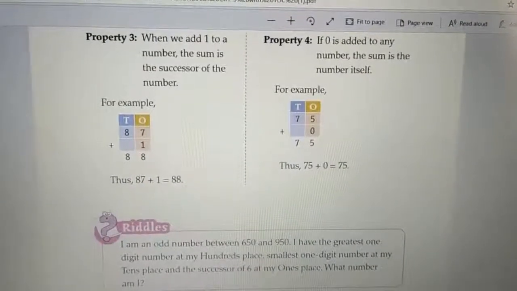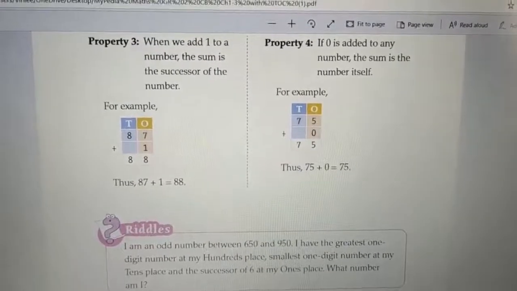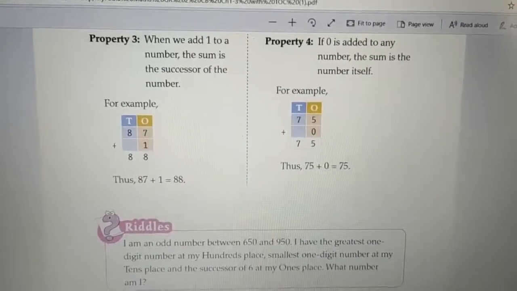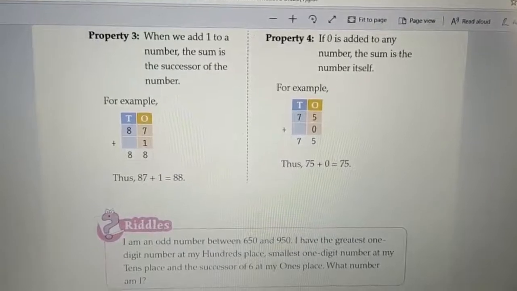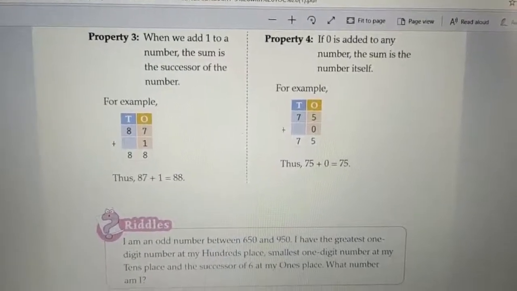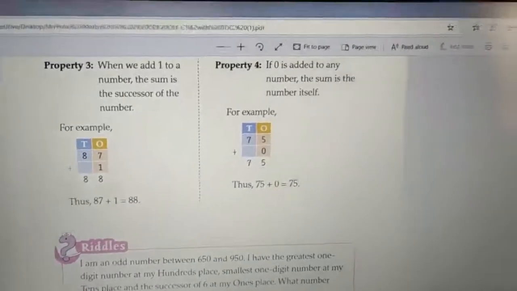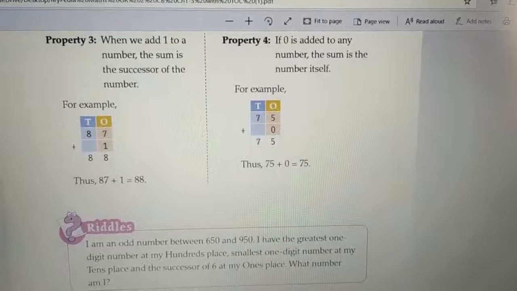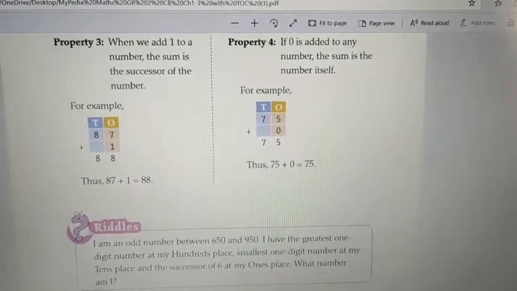Now you can see here the example, the number is 87, right? So they have plus 1. The after number of 87 is 88. The after number is also called the successor number. Okay. Now property number 4. If we add 0 to any number, the sum is the number itself.